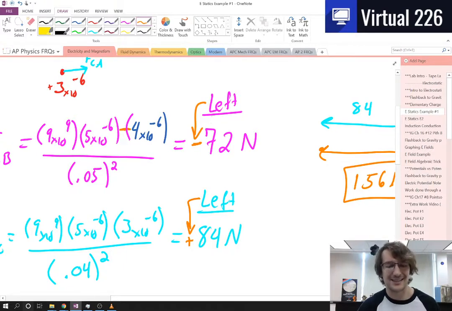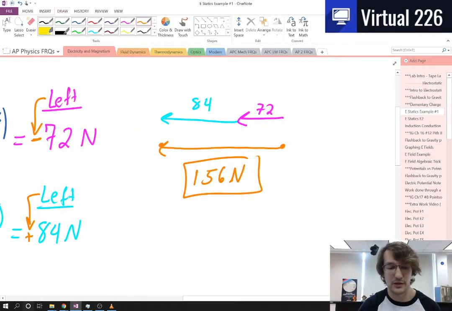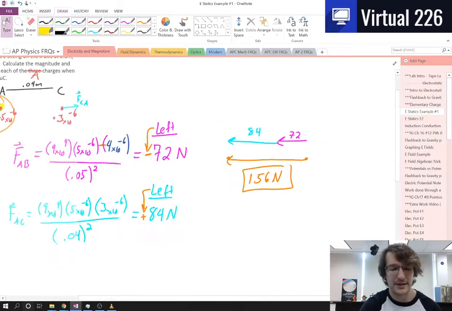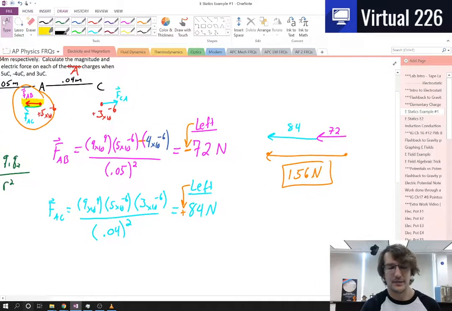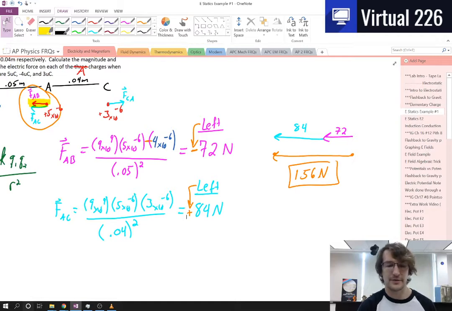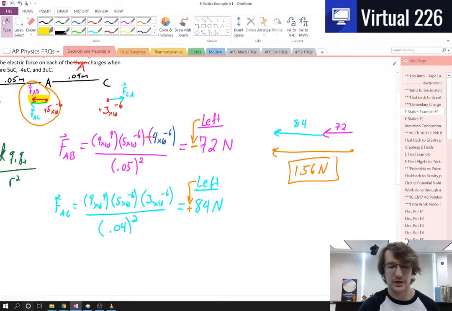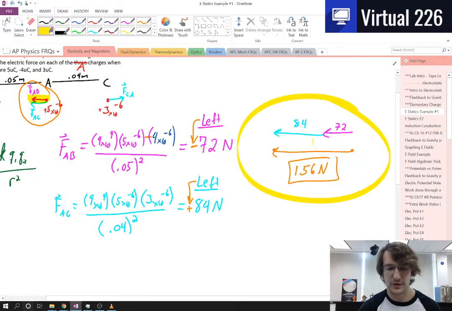And if I would have accidentally done that, I would have said, oh yeah, 84 minus 72, that's 12. And I think you'd all agree with me that 12 is not equal to 156. So that's why I omitted the negative there. It makes the math easier in my opinion because you're not carrying around things. And because we drew this picture early on, we have a much better idea of what our true final answer should be over here. Okay?